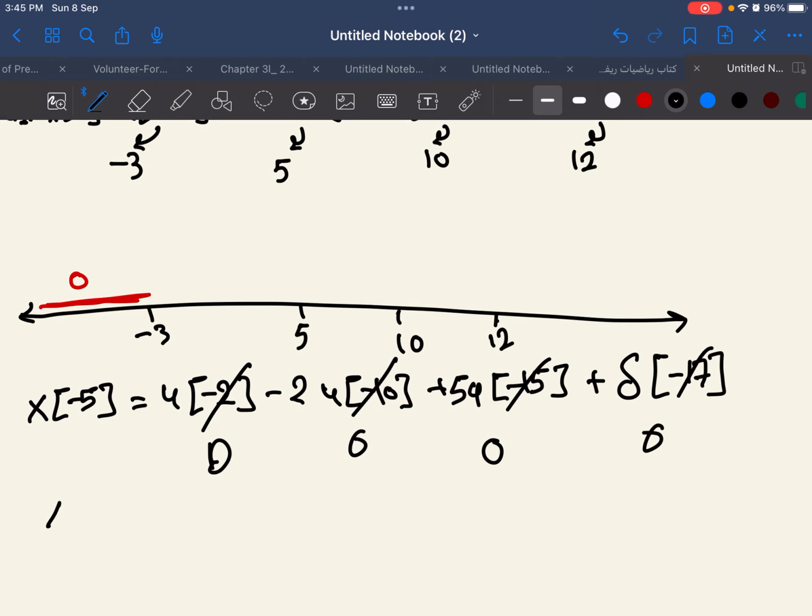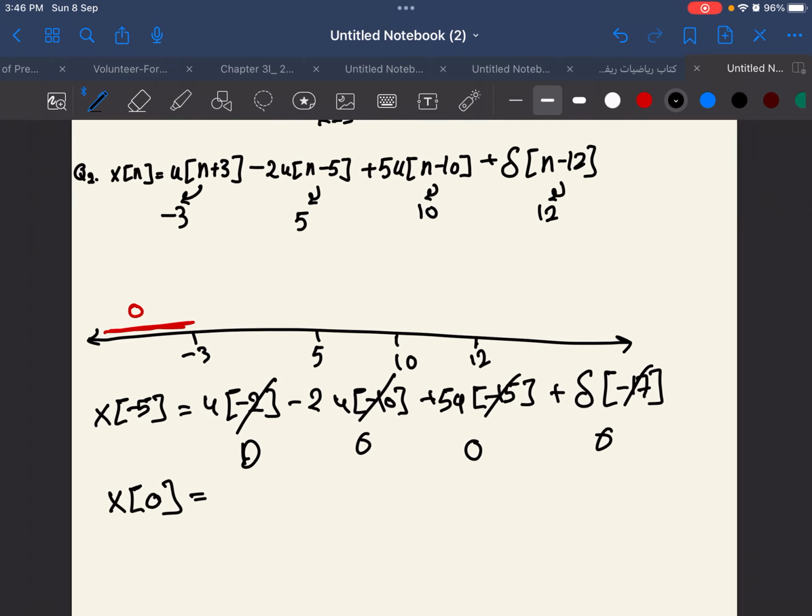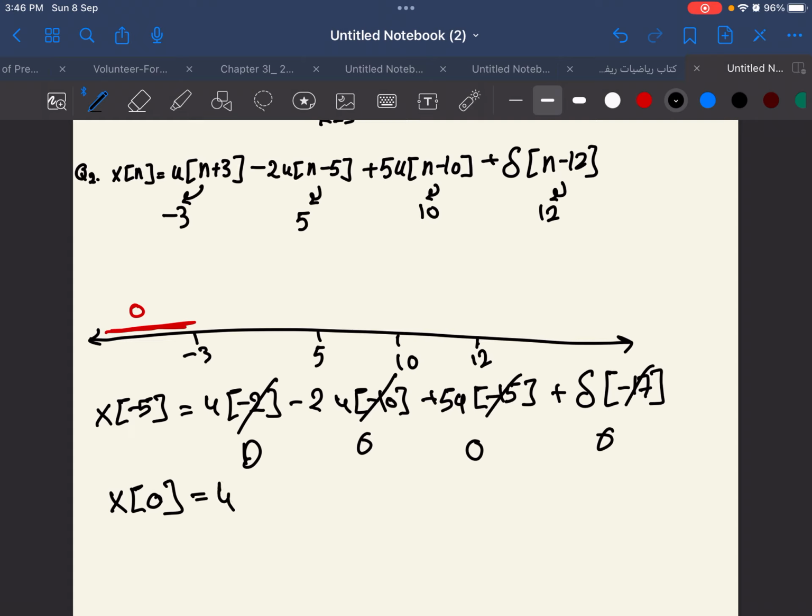Let's say we'll choose 0. So we can see that this will be a positive number, minus n, this will be a negative number, plus 5, here also a negative number, plus delta will also have a negative number.